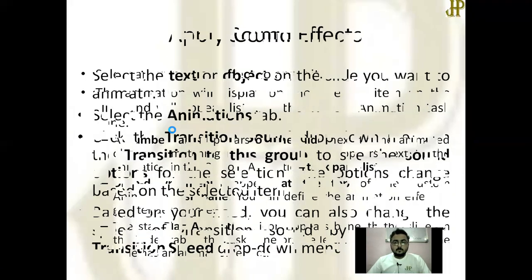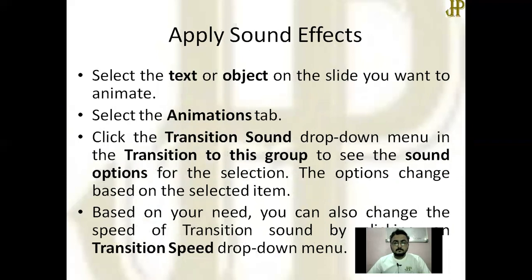Now here you can see some other changes also. How to apply sound effect. Again, select the text or object on the slide you want to animate. Select the animation tab. These two points are similar in each section.